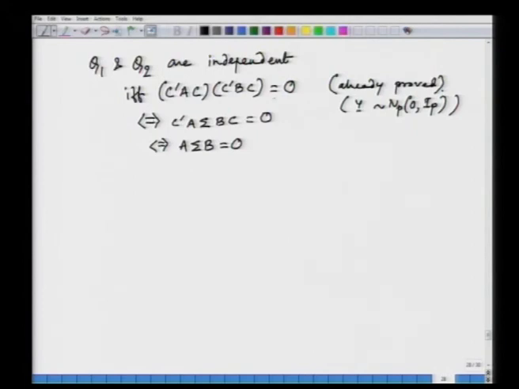So, this being a null matrix is in fact equivalent to saying that A sigma B is a null matrix, because C inverse exists, and this is what we wanted to show. So, we are going to stop with this result in this series of this type of results.